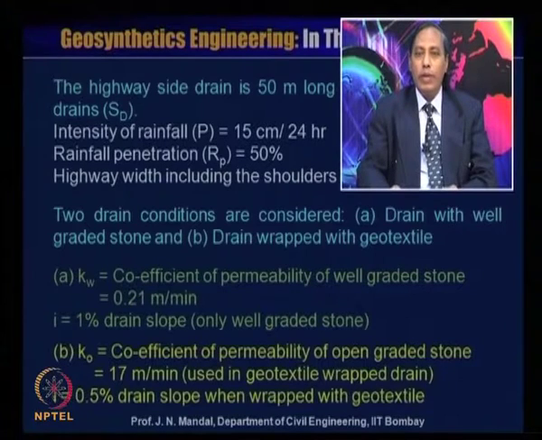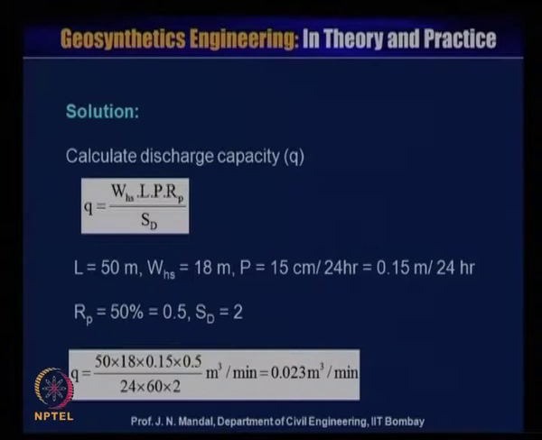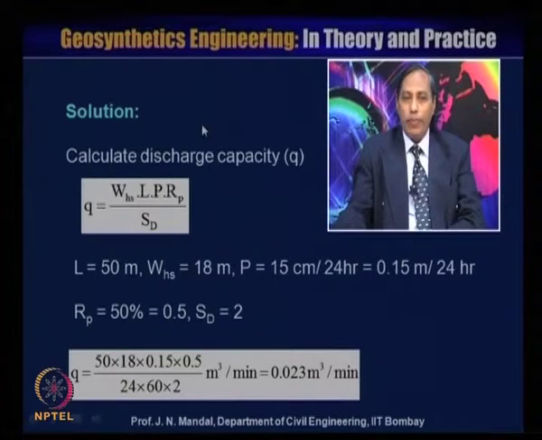And B, that means drain wrapped with geotextile, and in this case K0 is the coefficient of permeability of open graded stone, equal to 17 meter per minute, used in the geotextile wrap drain, and I is equal to 0.5% drain slope when wrapped with geotextile. So, this is the problem, and now we will go for the solution.